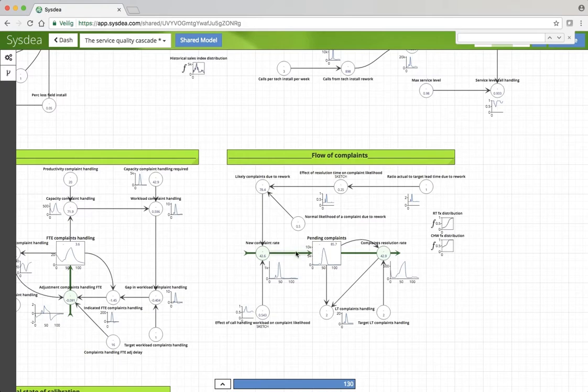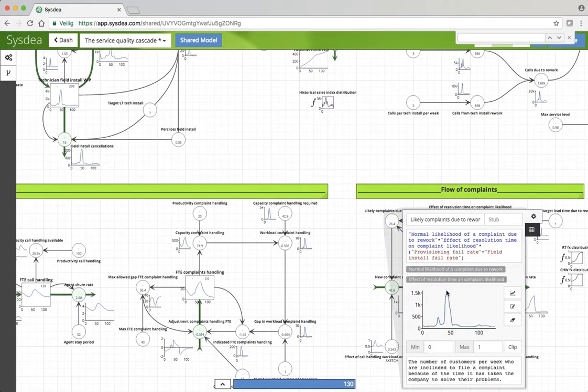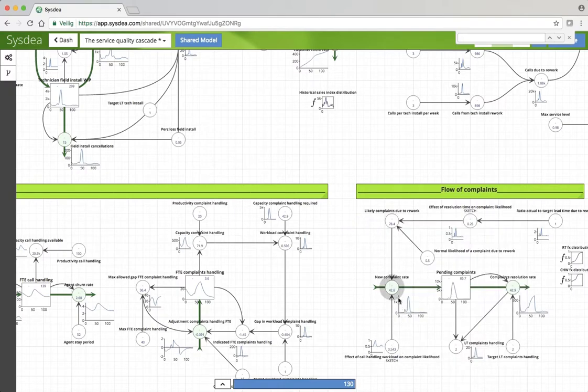In complaints, the result of the rework in field install and in provisioning leads to more calls, as you can see here, in around the same period of customers having problems. Those calls come in at the same time.